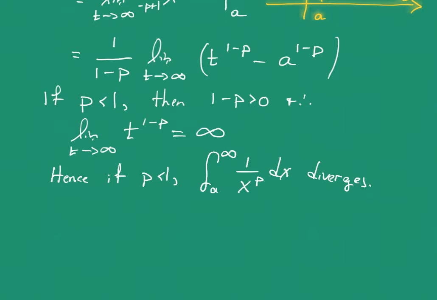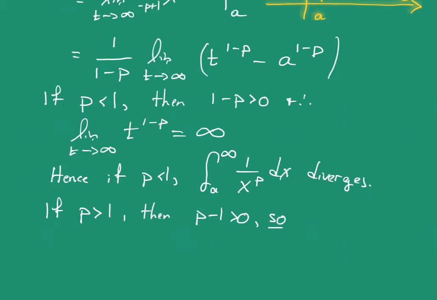Okay, so our next case is if p is bigger than 1. Well, if p is bigger than 1, then in this case, p minus 1 is bigger than 0.